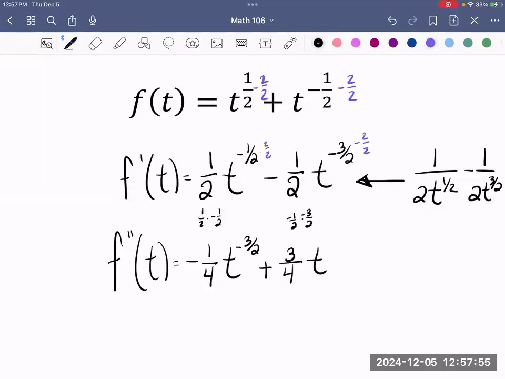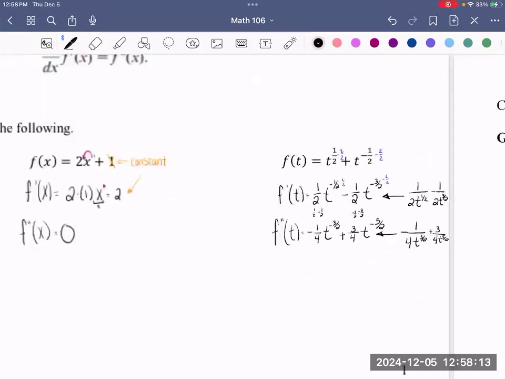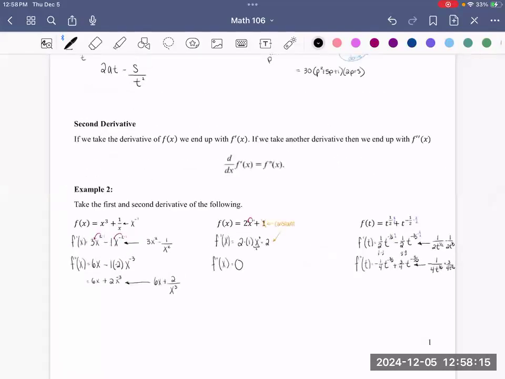So then we get negative 5 over 2. And again, a better response would be negative 1 over 4 t to the 3 over 2 plus 3 over 4 t to the 5 over 2. So those are your examples for example 2.